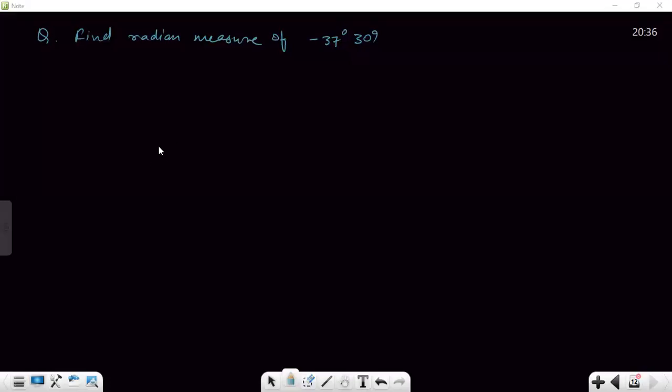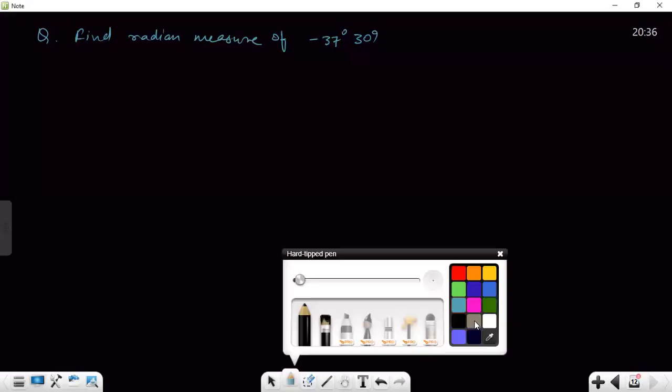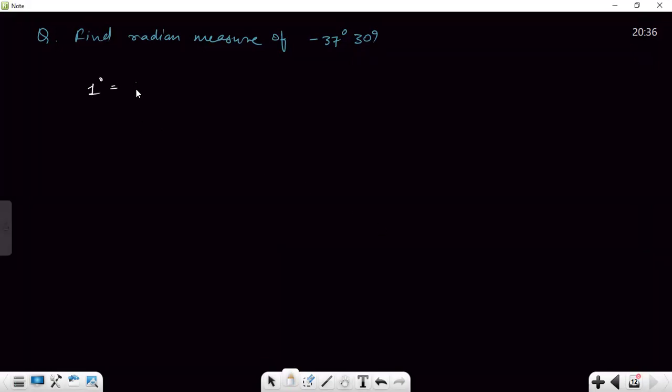Now we are well aware that 1 degree is equivalent to 60 minutes. Here we have 30 minutes. Let's divide both sides by 2: 1 by 2 degrees is equal to 60 by 2, that is 30 minutes. So we have minus 37 degrees plus half degree.